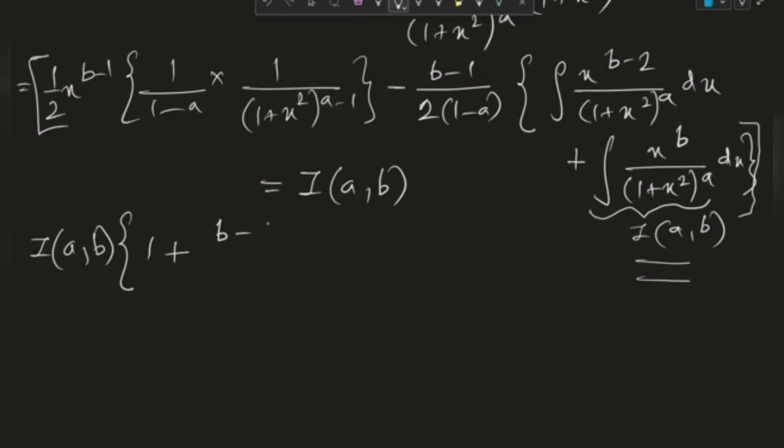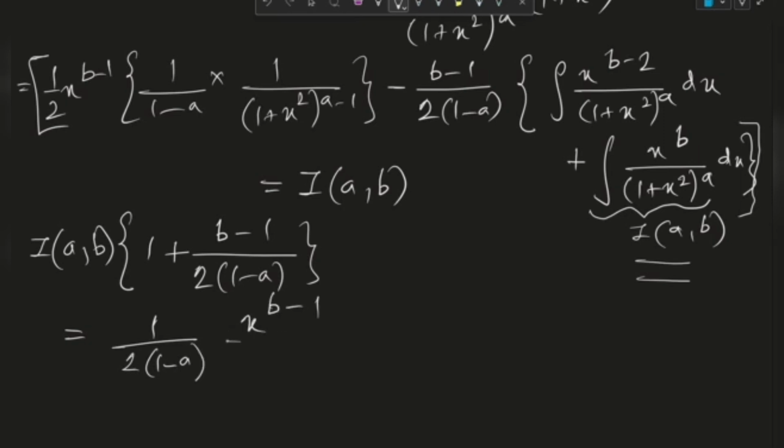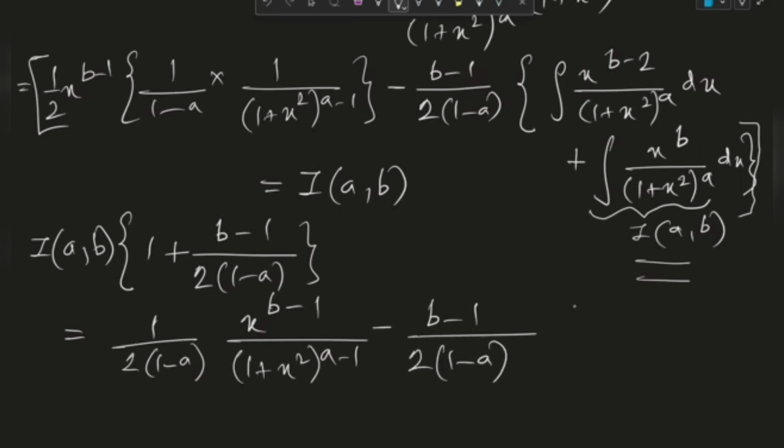So this is (b minus 1) by 2 into (1 minus a), and this becomes, I will try to write it out properly. This is 1 by 2 into (1 minus a), x to the power b minus 1 divided by (1 plus x squared) to the power a minus 1, and this thing has become minus (b minus 1) by 2 into (1 minus a).